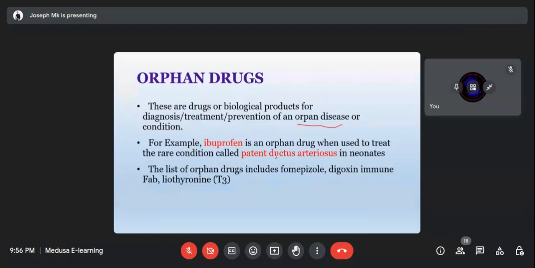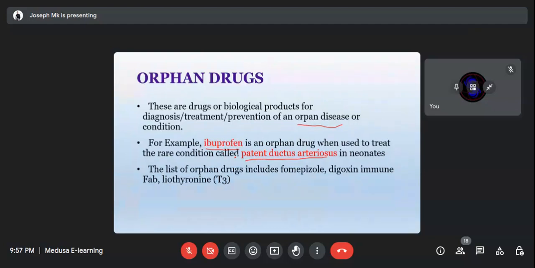But once it occurs in a neonate, ibuprofen is going to be given, and in as much as ibuprofen is not an orphan drug, if this condition, patent ductus arteriosus, occurs, ibuprofen, once it is given, is going to act as an orphan drug because it is being administered to an orphan disease, which is patent ductus arteriosus.